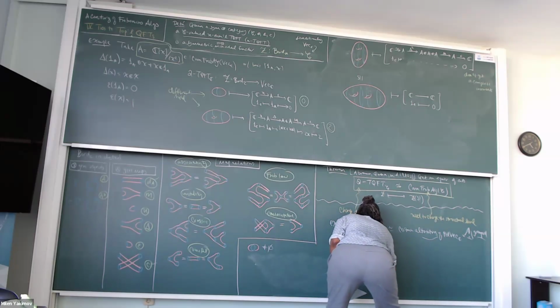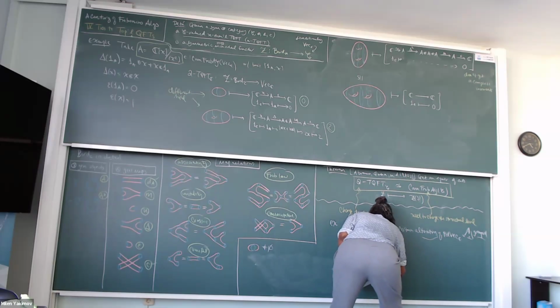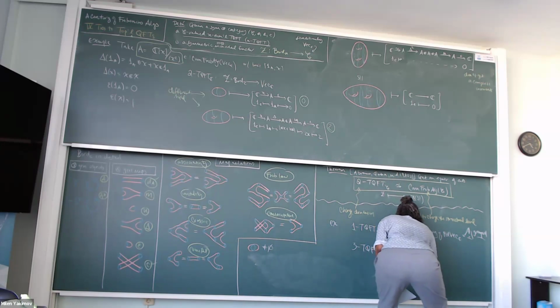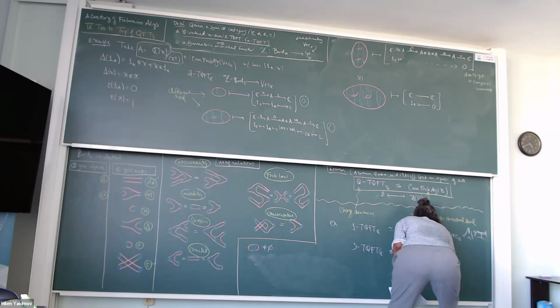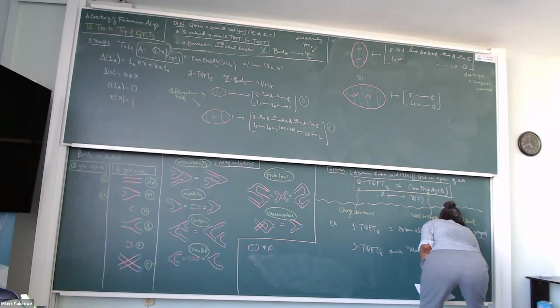So 3D TQFTs. There's no straight answer for this. I'm not even going to do an equivalence, I'm just going to do a squiggly arrow. I'm being fuzzy here, but these have a nice relationship with these things called modular fusion categories.